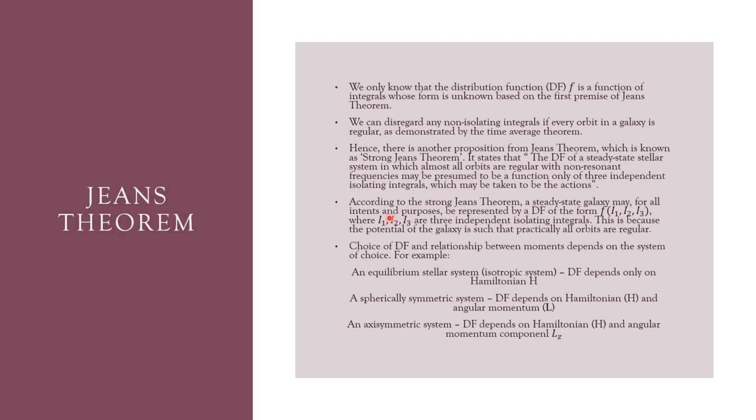Therefore, according to the strong Jeans theorem, a steady-state galaxy can effectively be represented by a distribution function of the form f(I1, I2, I3), where I1, I2, I3 are three independent isolating integrals. This simplification arises from the regularity of orbits within the galaxy driven by its gravitational potential.